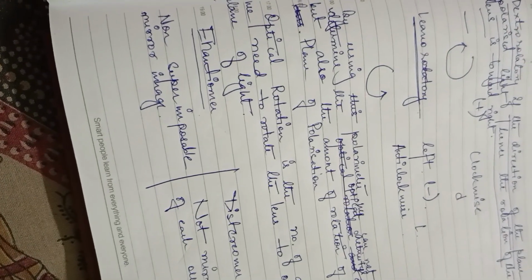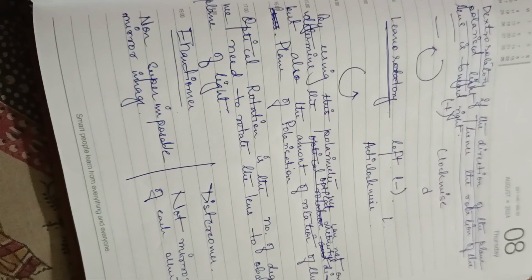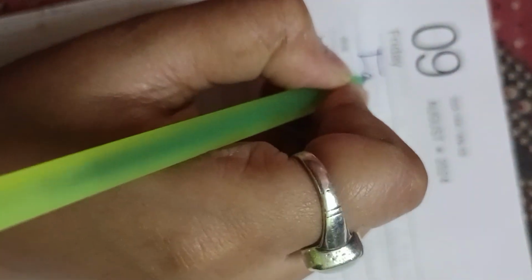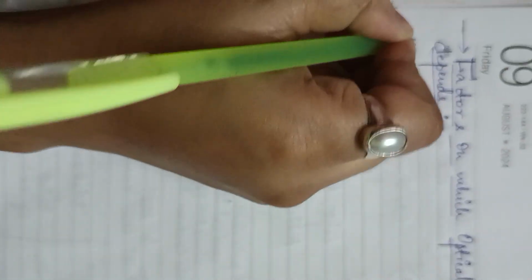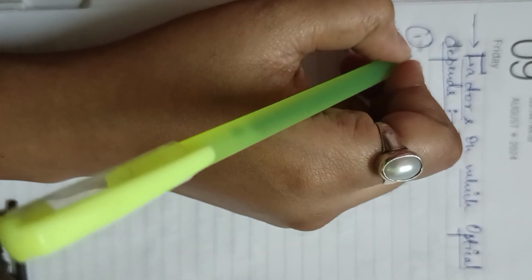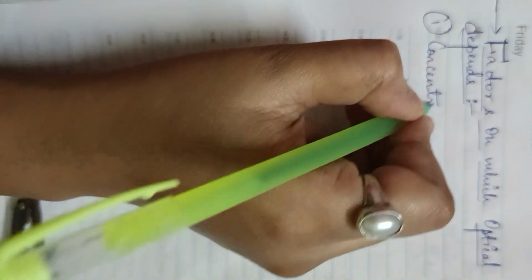Now we will see what factors optical rotation depends on. This is a very important question for the exam. What are the factors on which optical rotation depends? Firstly, it depends on the concentration of the optically active substance.